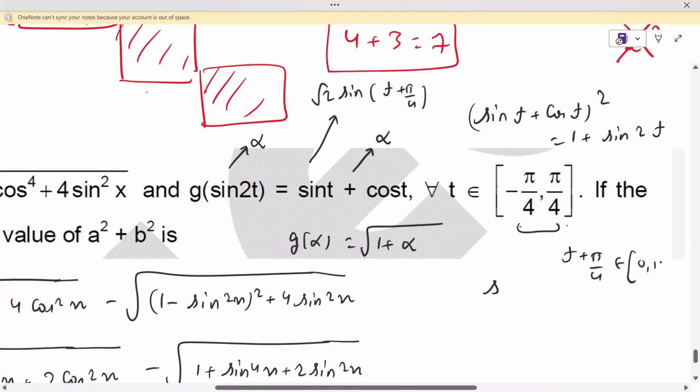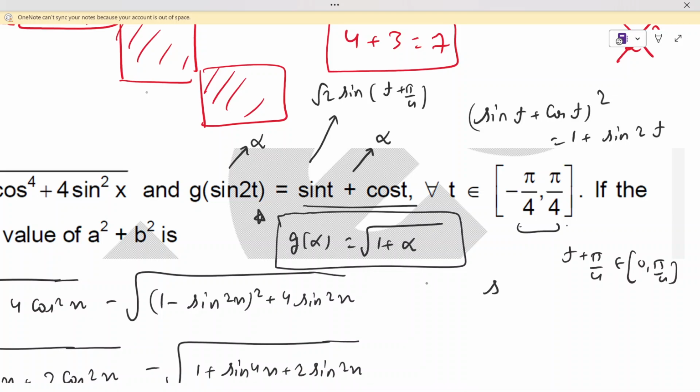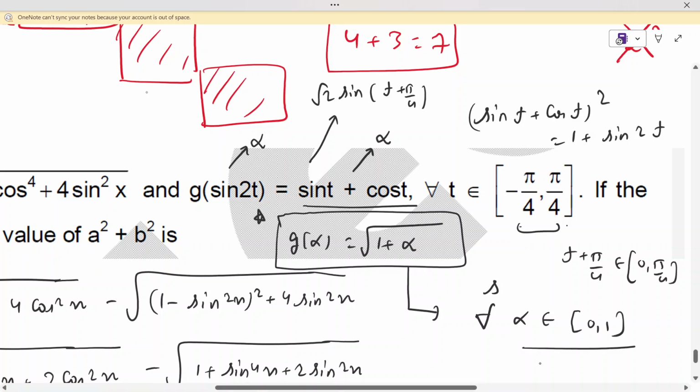That implies it is always positive, right? So that's how we can also put in roots as well. Put in absolute, right? If it is negative, I can't do this thing, no? So then g(alpha) equal to root 1 plus alpha for alpha belongs to 0 to 1. This I can also say, isn't it?